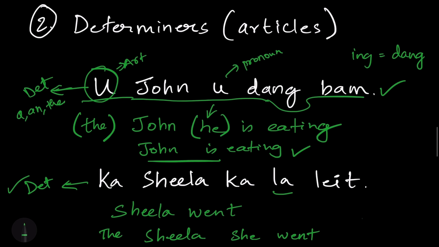Now, if you say Sheila went, in English you can say, so to say, the Sheila, she went. But in English you would take only this and this. So Sheila went. Ka, she, la, lay means go plus past is equal to went. I'm sorry it's not visible for you, but I'll write it here.